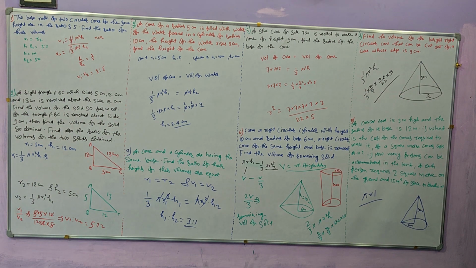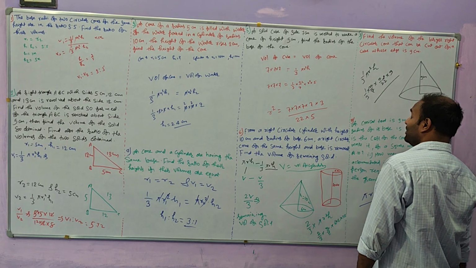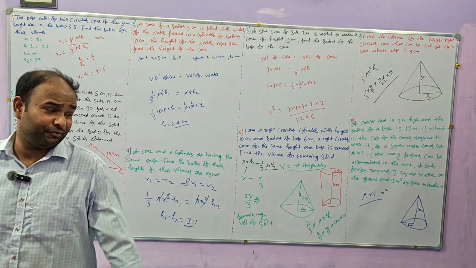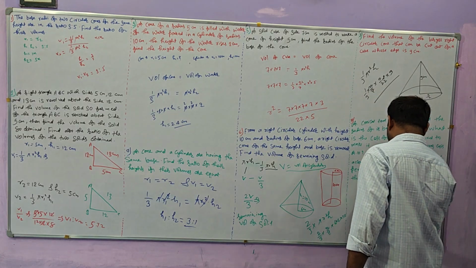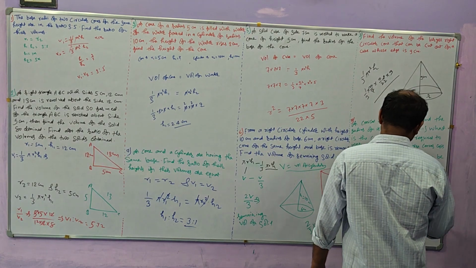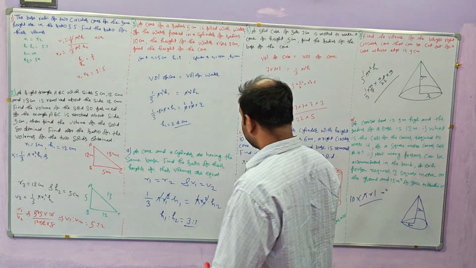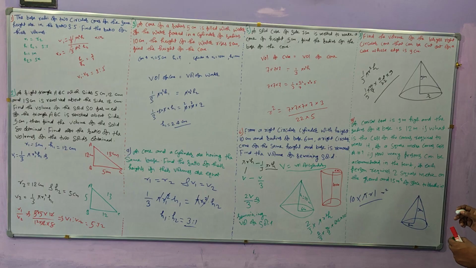We know that one square meter of canvas costs 10 rupees, so we get pi r l meter square. When we multiply with 10, we get the cost of canvas required to make it.